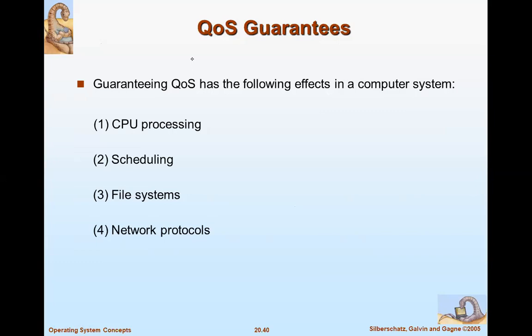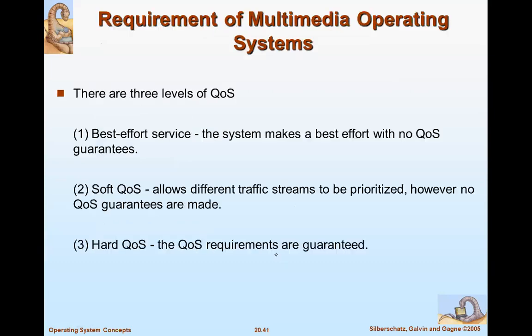Either it is round robin based scheduling, either it is shortest job first, either it is a kind of slot based reservations, and similarly what kind of file system it is using, and then the network protocol used for communication purposes.